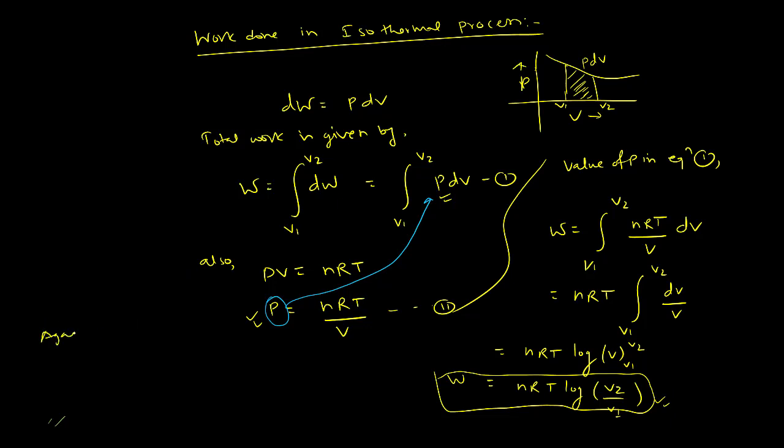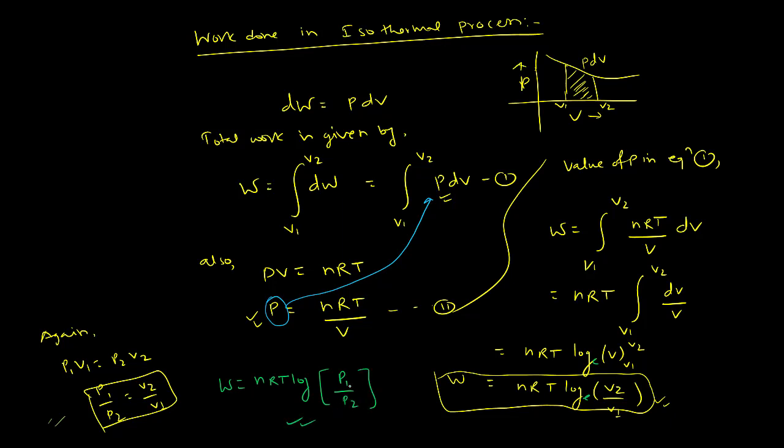Again we have P1 V1 equal to P2 V2, then P1 by P2 is equal to V2 by V1. If we write this equation in terms of pressures, then it becomes W equal to nRT log e of P1 by P2.